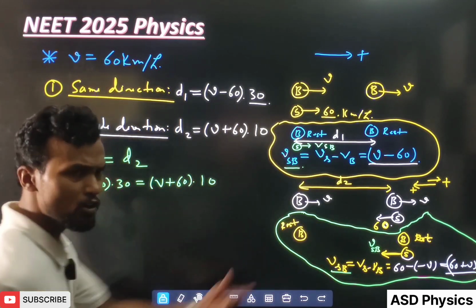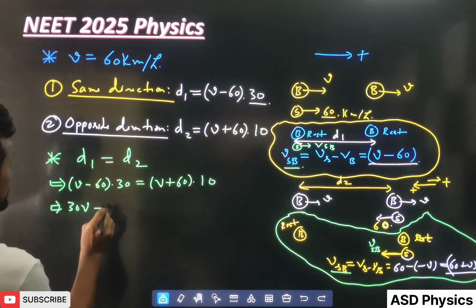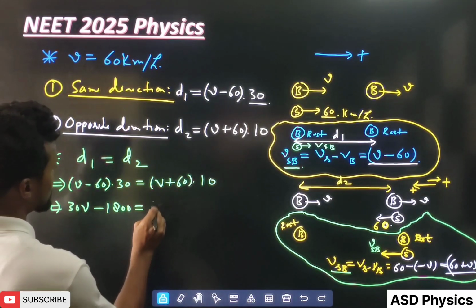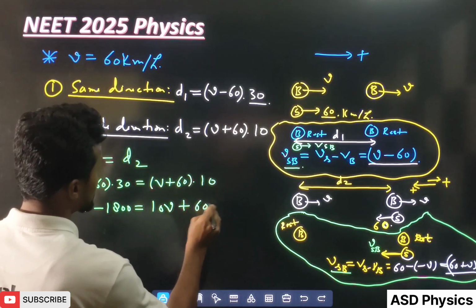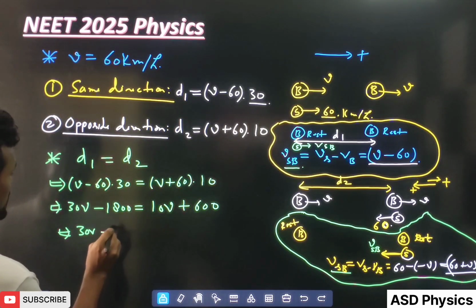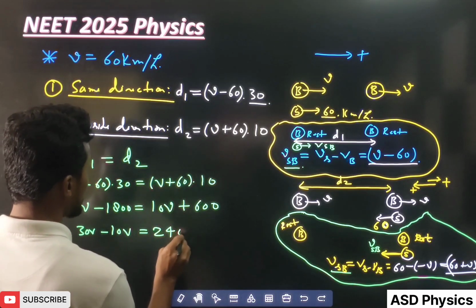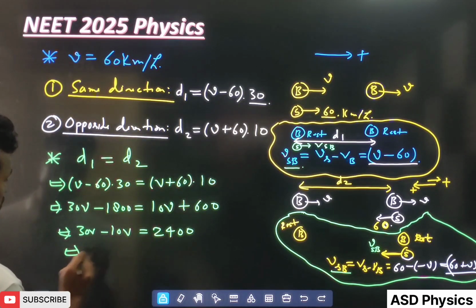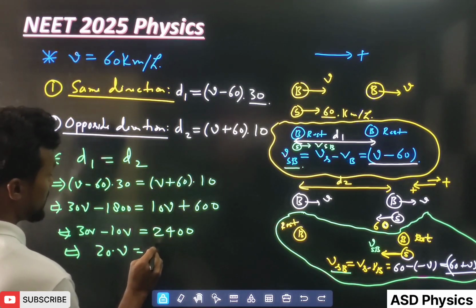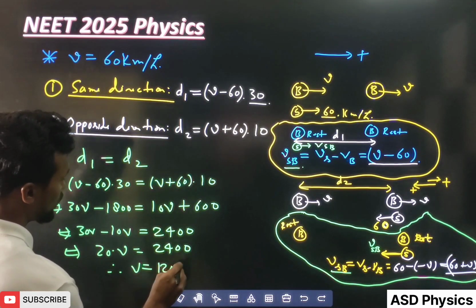If you know these basics, you can do this step directly. Multiplying, 30V minus 1800 is equal to 10V plus 600. Simplifying, 30V minus 10V is equal to 1800 plus 600, which is 2400. So 20V is equal to 2400.